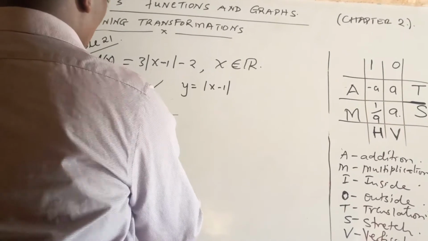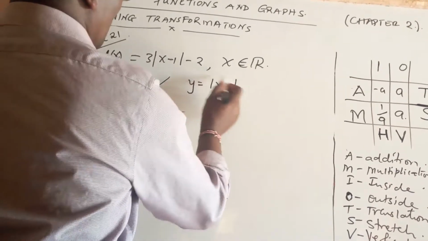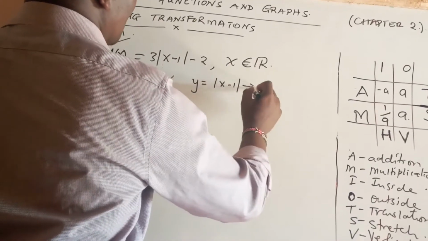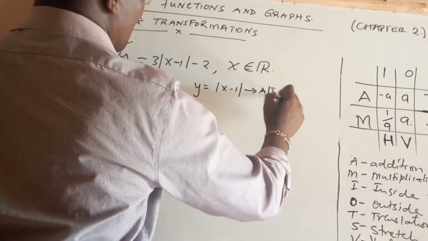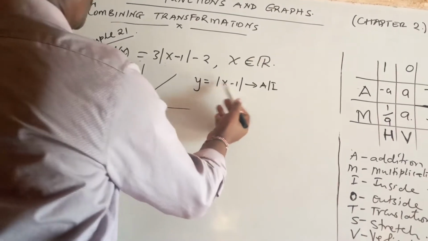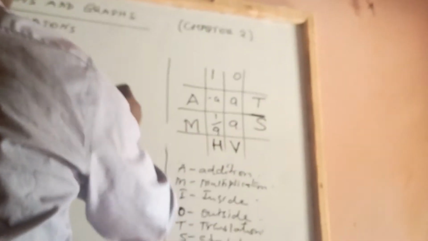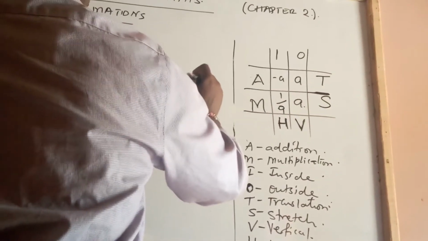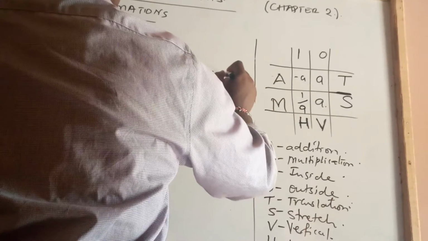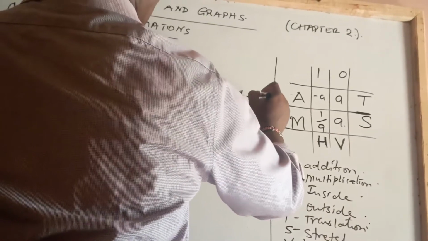This graph, which is already moduled, has an addition inside. According to this transformation, addition inside means a horizontal translation.